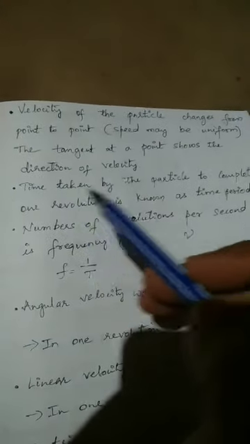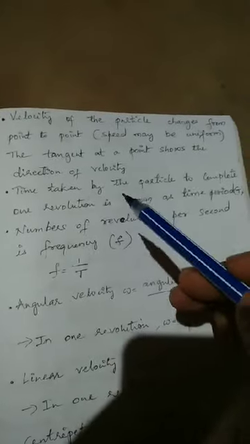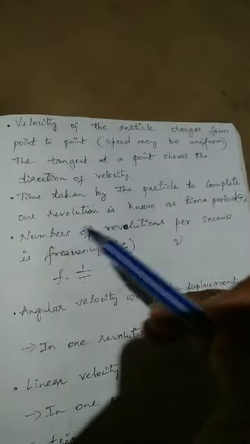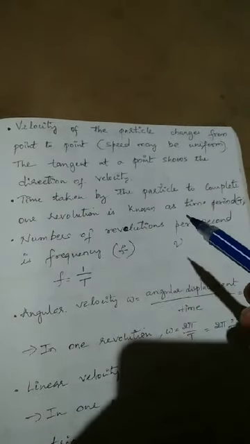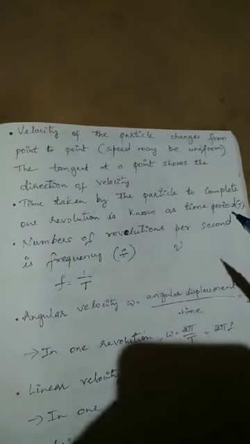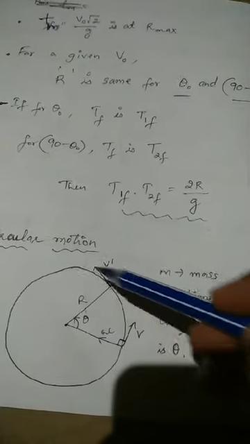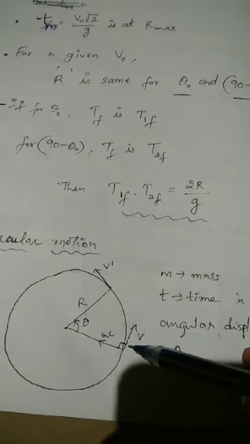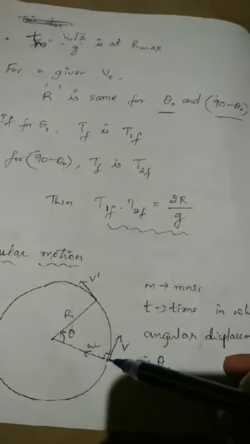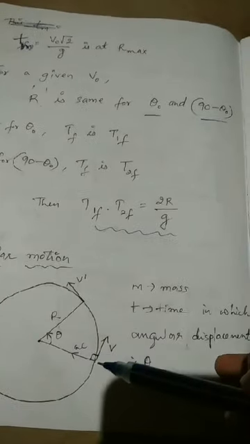As already I have told, the time taken by the particle to complete one revolution is known as time period. Starting from here, completing one revolution, one oscillation.